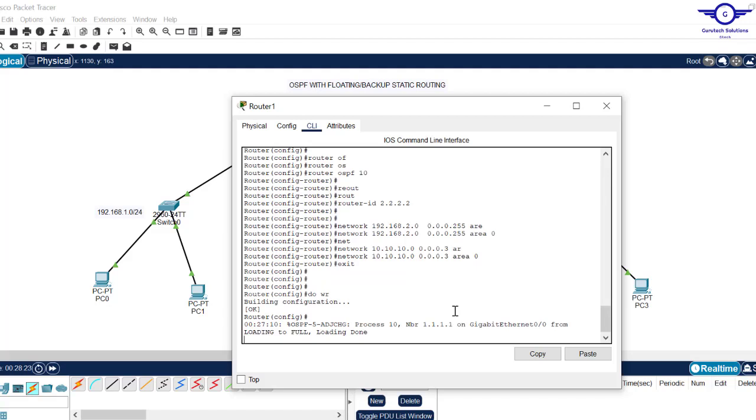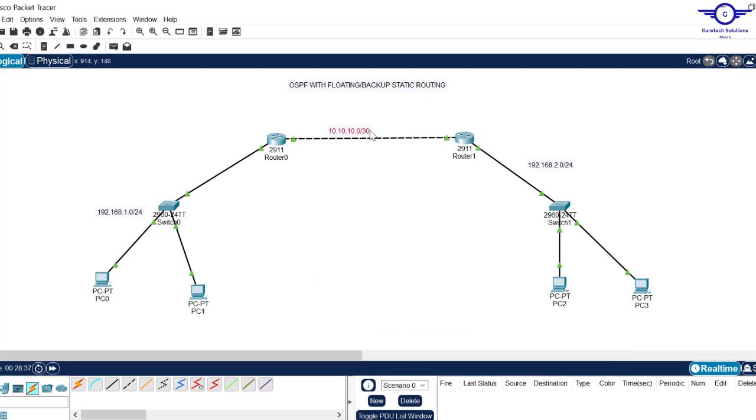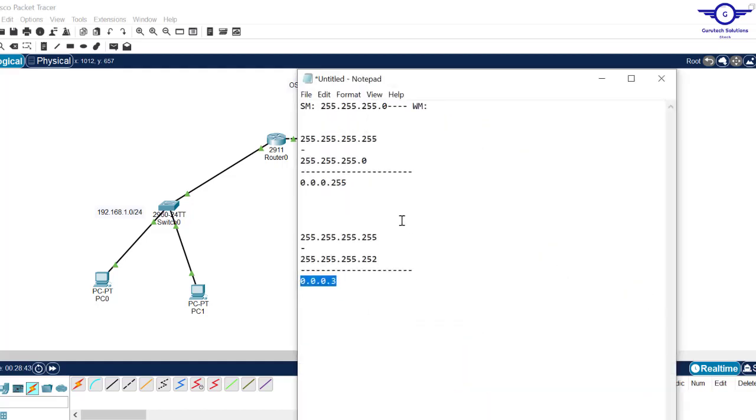You get it now? Like the 0.0.0.3, you got that from 255 minus 252. This was the subnet mask, but now we want to use wildcard mask. So wildcard mask is the inverse of subnet mask.